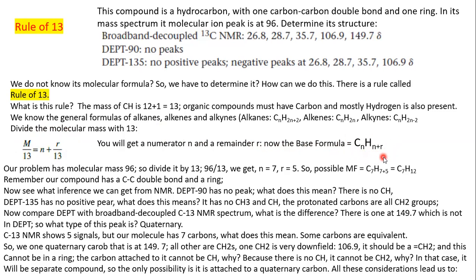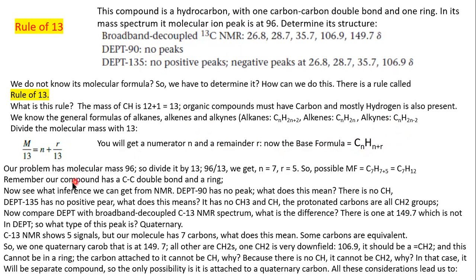This is called the base formula, CnHn plus R. What is N? N is the numerator. When we divide the molecular mass of our compound by 13, we get a number and a remainder. This numerator number is N and the remainder is denoted by R, and this is just a simple formula.